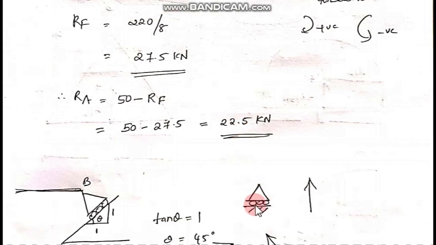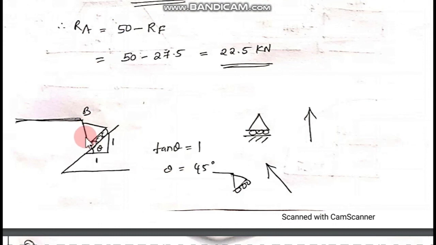And suppose you are given an inclined support, then what do you need to do? You can see an inclined roller support here, and they have given the slope of this particular side. If I consider this angle as theta, then taking tan theta in this triangle, tan theta is 1 and theta is 45 degrees. If this is theta, then obviously this particular angle here is also theta, right?